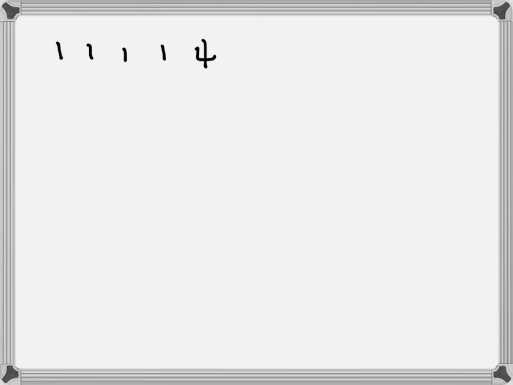Here, our first row stays the same, 1, 1, 1, 1, 4. Our second row stays the same, 0, 1, negative 2, negative 1, 0. Our third row stays the same, 0, 0, 1, 1/2, 1.